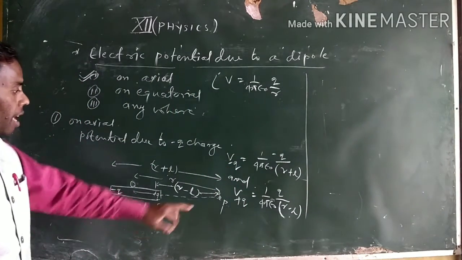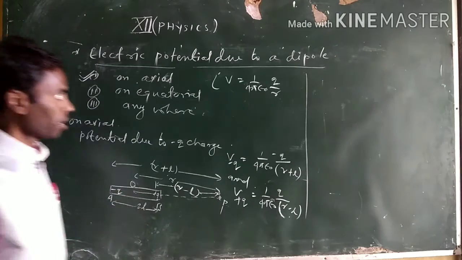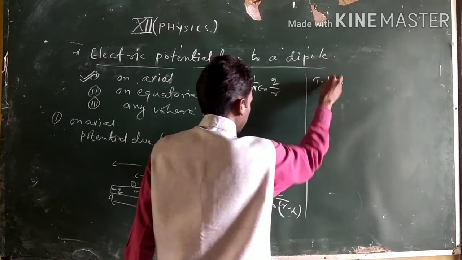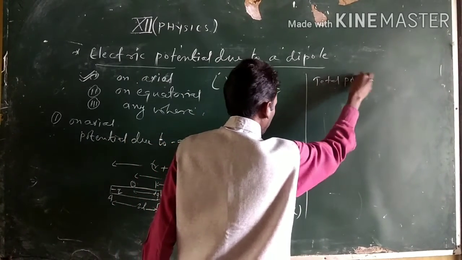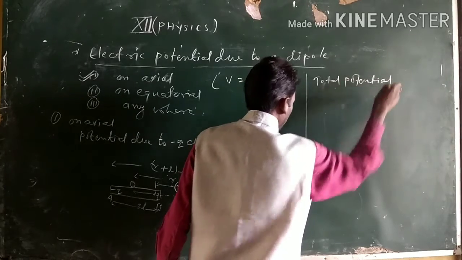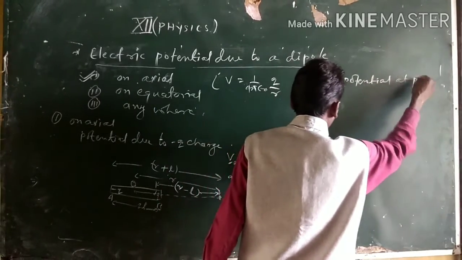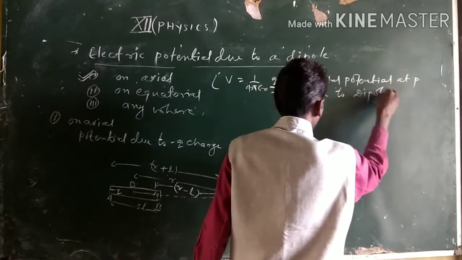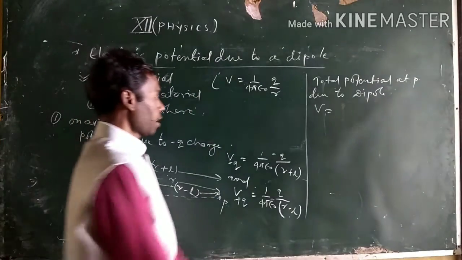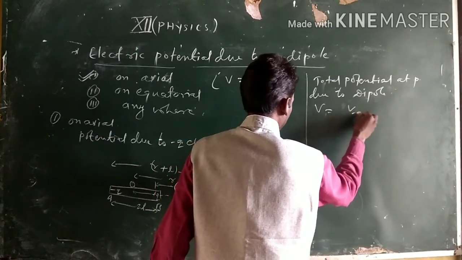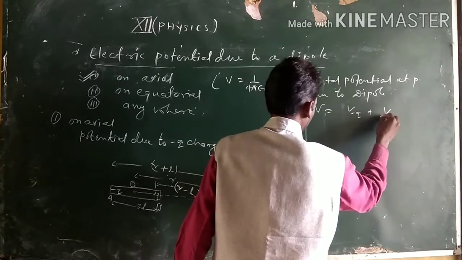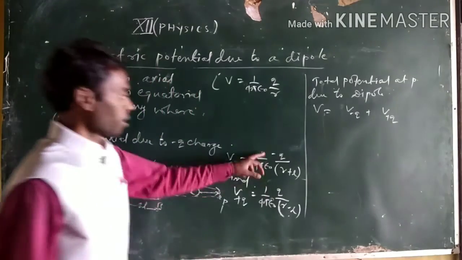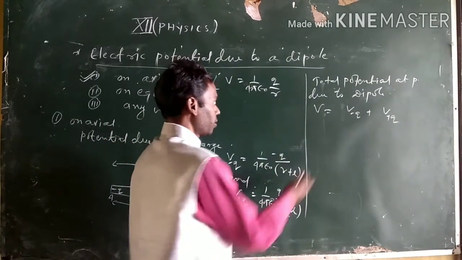The total potential at P due to the dipole is V minus Q plus V plus Q. These are the two potentials, so we have to add them.